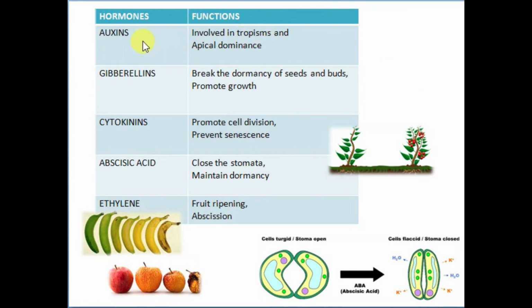First we have auxins, and they are involved in tropism and apical dominance. What is this? They are present on the tip of the plant, and they help in the growth of the plant.